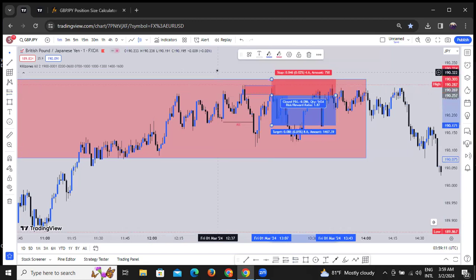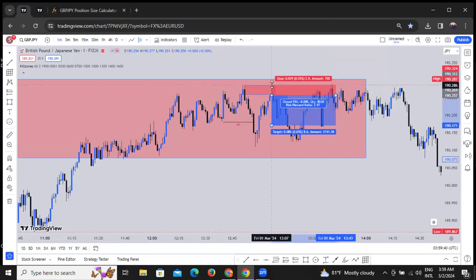This zone is different from fair value gap, and as I have seen, or should I say experienced, the big guys manipulate this market. So they can even take you out with just a pip. Imagine me putting this stop loss right here, or just a pip away. I could have been taken out from right here.